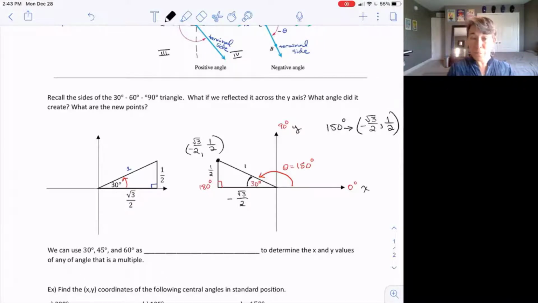In other words, we can use that 30 degrees as a reference. If we can create a right triangle, be it 30 degrees, 45 degrees, or 60 degrees, the three that we memorized earlier, we can use all of those as reference angles to determine the x and y values of any angle that is a multiple.